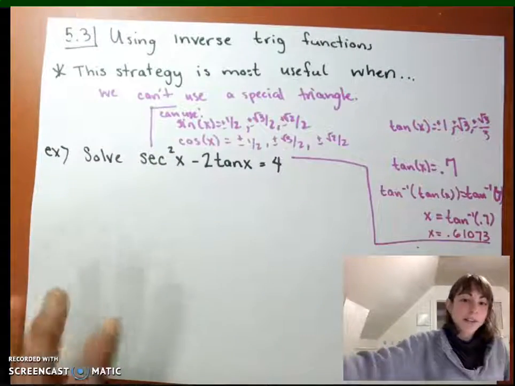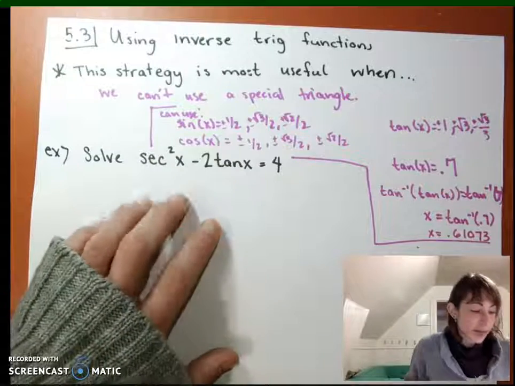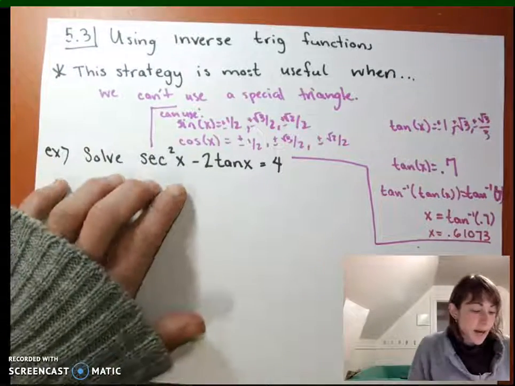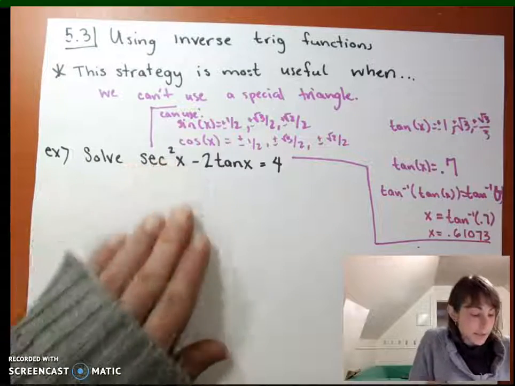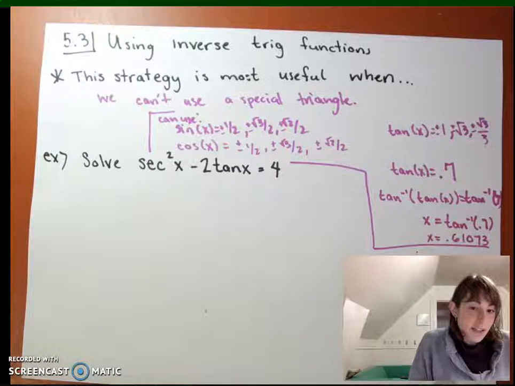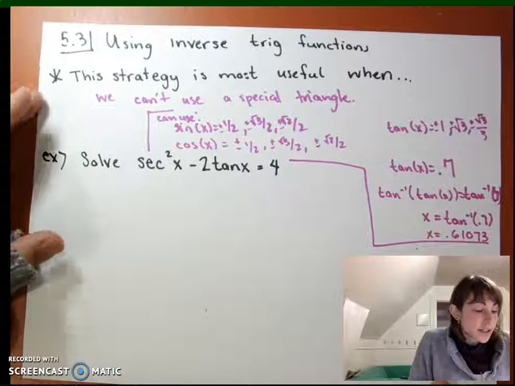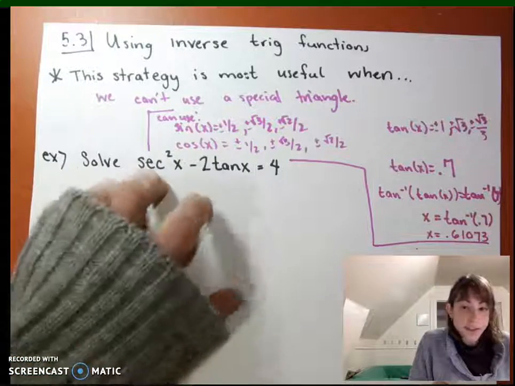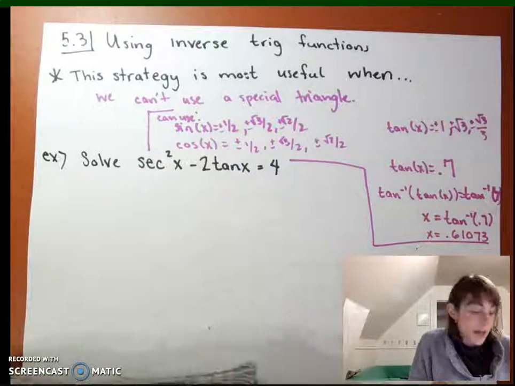Okay, so now let's use inverse trig functions in a more complicated example. Here we have secant squared minus 2 tan x equals 4. We know from the other videos that oftentimes we want to factor. Sometimes it helps to have just a single trig function in order to do that.